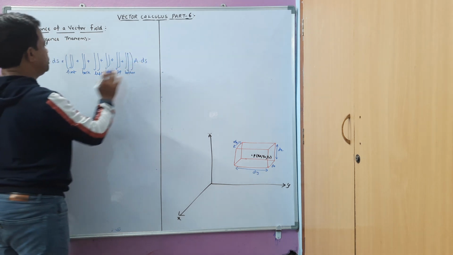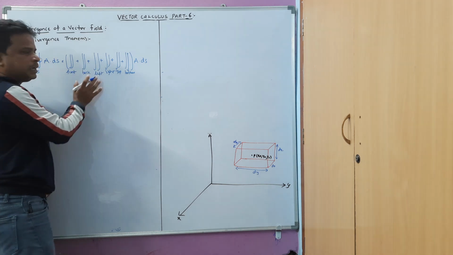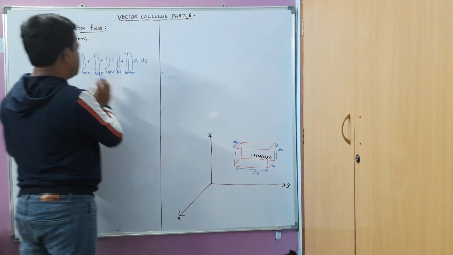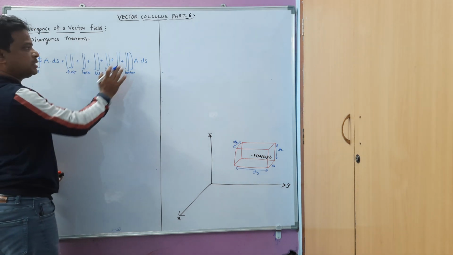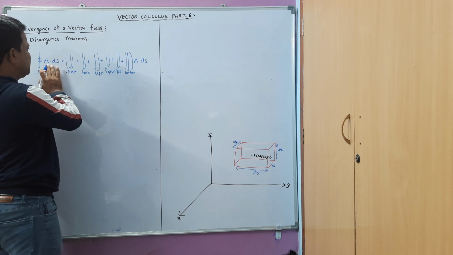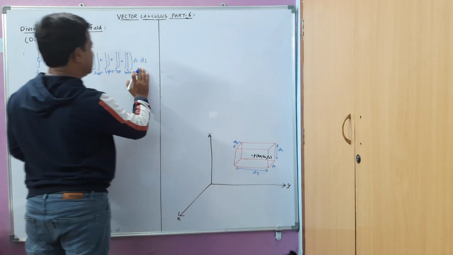So now we are going to evaluate this closed surface integral by splitting it into 6 surface integrals, that is, open surface integrals. This closed surface integral is equal to the sum of all these open surface integrals.